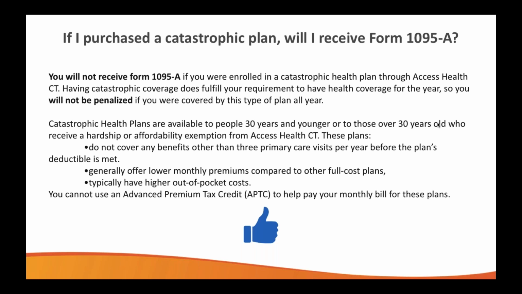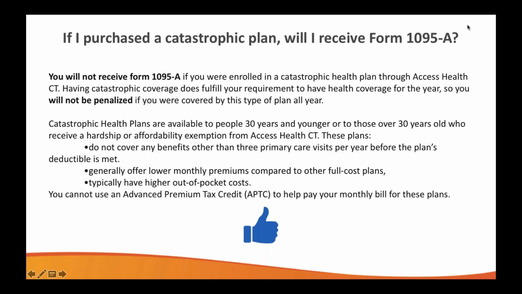It does go through, we do produce them. However, the information from our carrier goes over that this individual had catastrophic, and it also goes from our files to the IRS, telling them that this individual, so they're not looking for any information on the 8962. So it's understood that they do have a plan and they won't get fined for not having insurance.